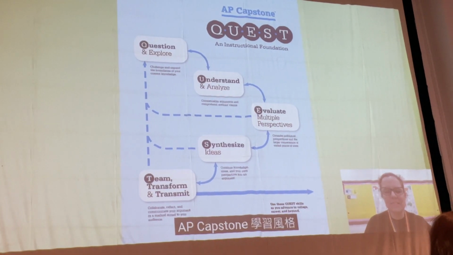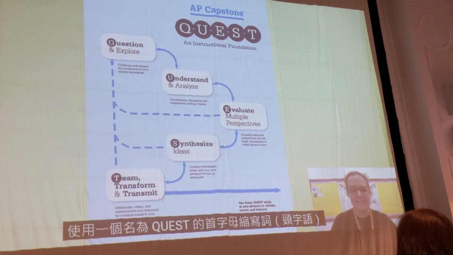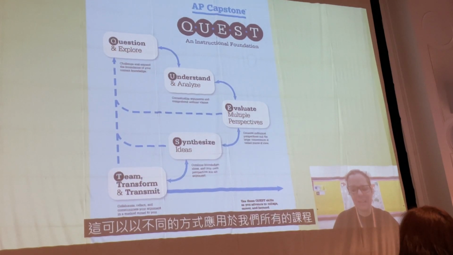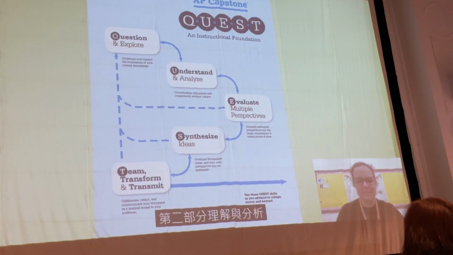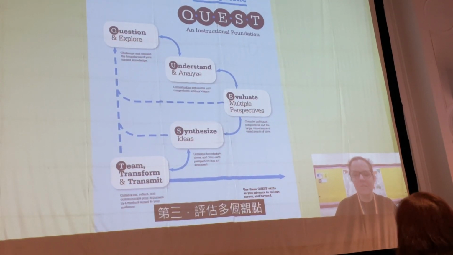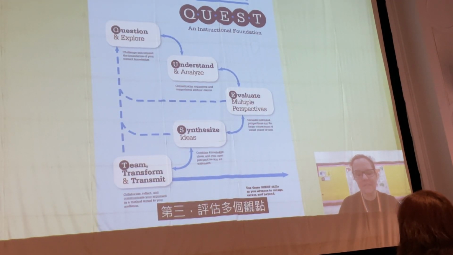The AP Capstone style of learning uses an acronym called QUEST. This can be applicable in all our classes in different ways. The first part is question and explore. The second part, understand and analyze. Third, to evaluate multiple perspectives.